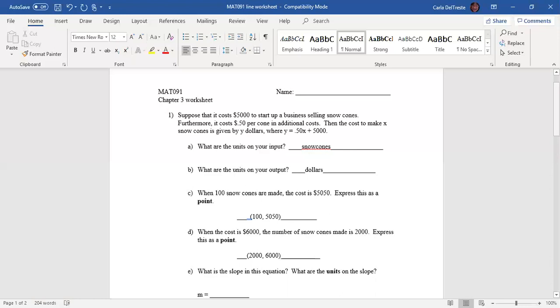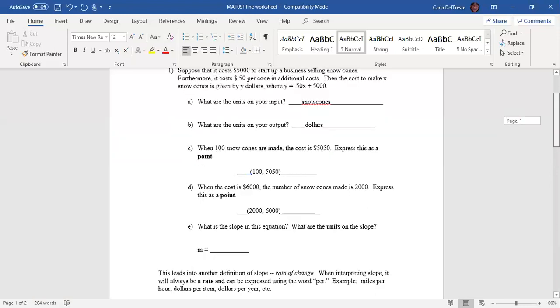What is the slope in this equation? Well, let's take a look up here. This looks very much like y equals mx plus b, doesn't it? So m is this 0.50. Did we see 0.50 anywhere else described in the problem? Yeah, we saw that it's going to cost us 50 cents per cone.